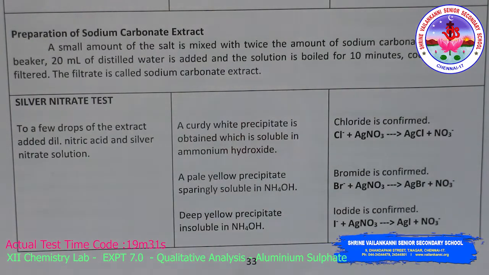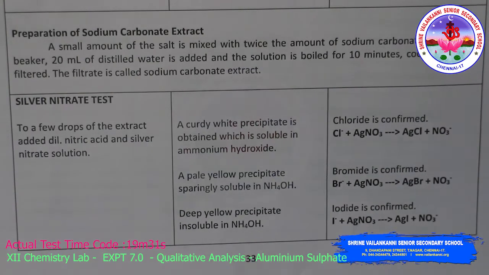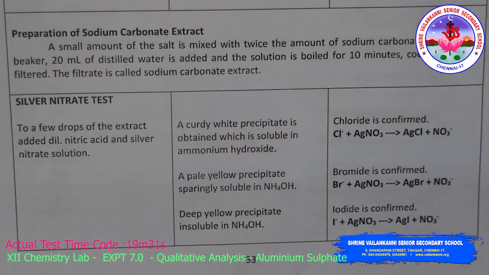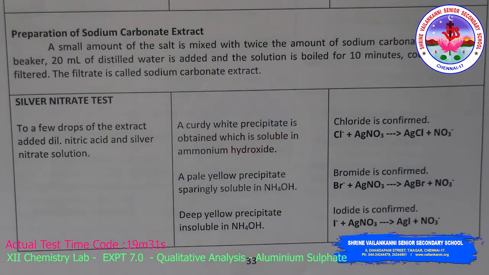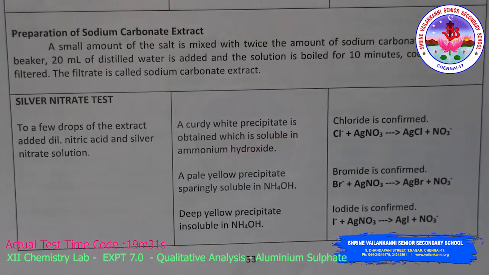Boil the solution for a few minutes, then cool and filter. This extract is called sodium carbonate extract. After preparing the extract, you do experiments on the extract solution, for the identification and confirmation of acid radicals.